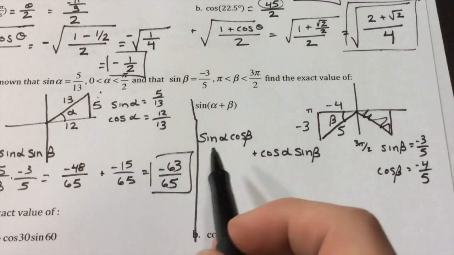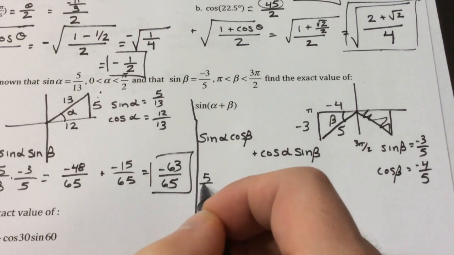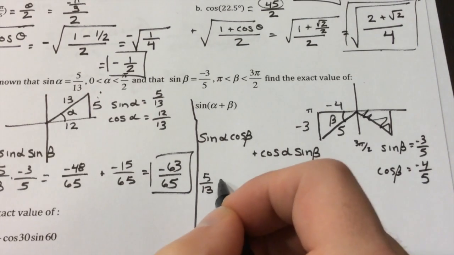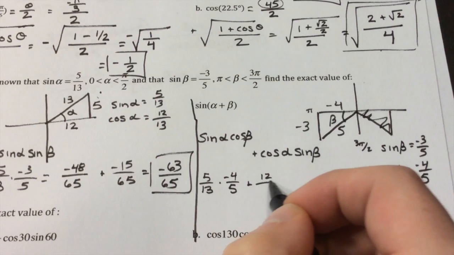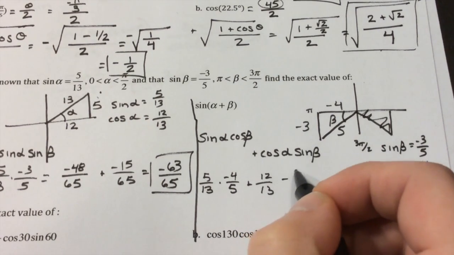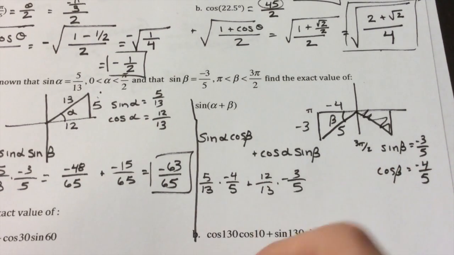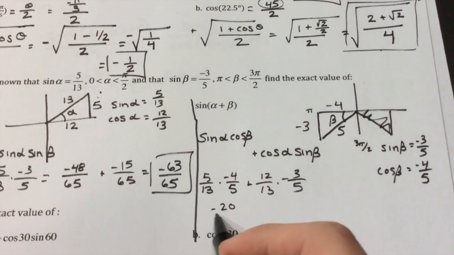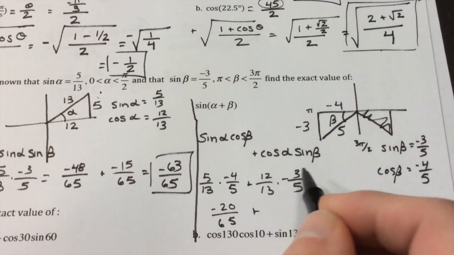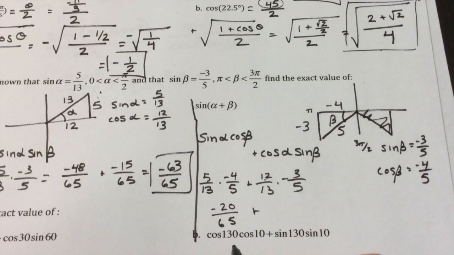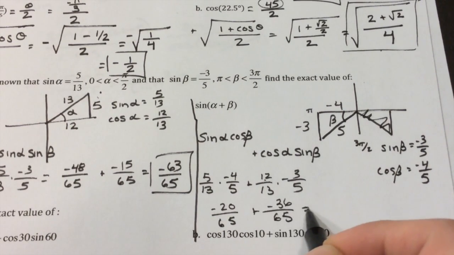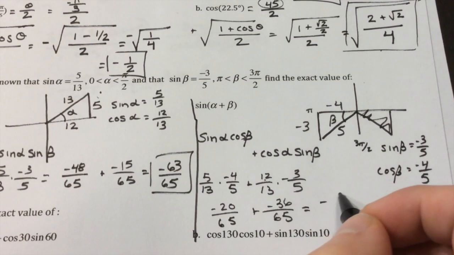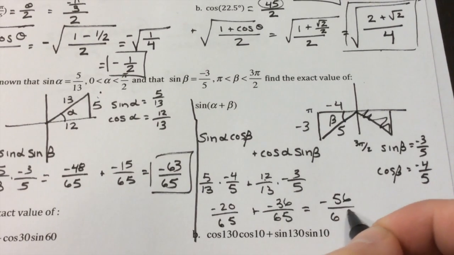Now we just plug in again. Sine alpha, 5/13, cosine beta, negative 4/5, plus cosine alpha, 12/13, sine beta, negative 3/5. 5 times negative 4, negative 20 over 65, plus 12 times negative 3, which is negative 36 over 65. Negative 20 plus negative 36 is negative 56 over 65.